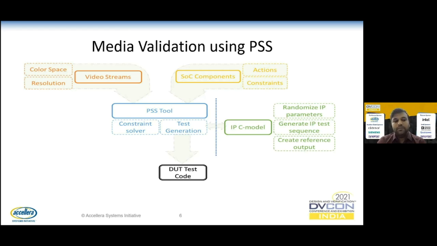PSS helped us take care of this issue by generating test content in such a way that the DMA address overlapping was avoided. For example, let's consider JPEG decoding has started. The JPEG image must be preloaded in a specific DMA address. At the same time, video encoding in parallel should be accessing a different DMA address location.